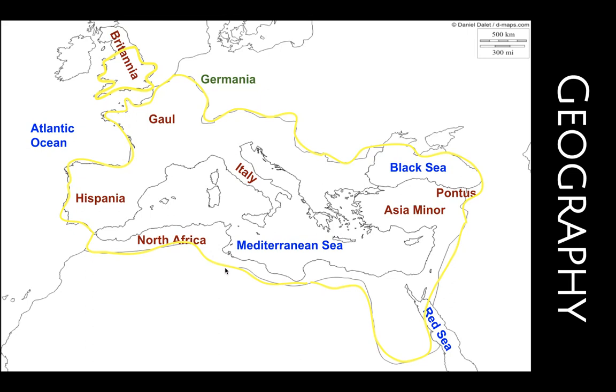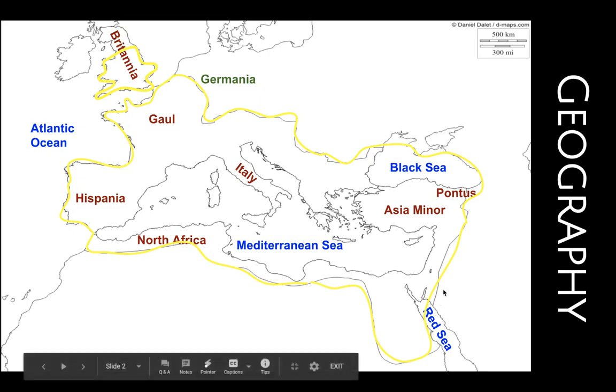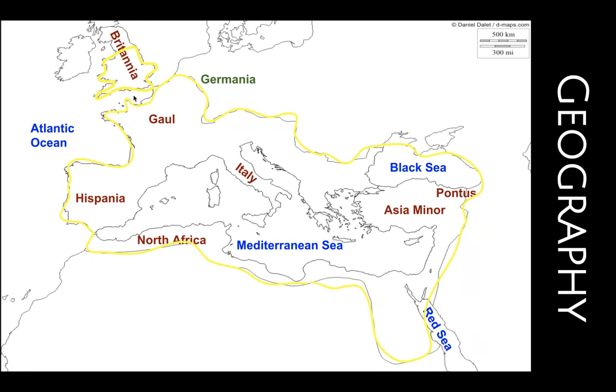I would draw your outline surrounding the Roman Empire. Mine's kind of messy. I didn't take my time, but you could take your time and make it look nice. I added the names, and I used the old names that they used for their territory. So Britannia was what they called Britain.